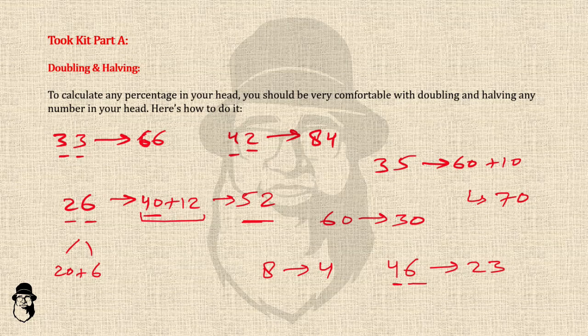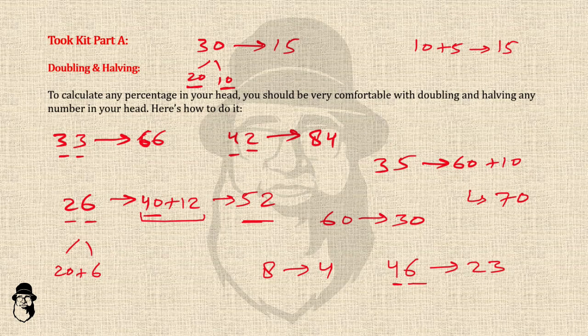And if we have, let's say 30, half of 30 is 15. We can break it into 20 and 10. So half of 20 is 10 and half of 10 is 5. We add them in our mind to get 15.